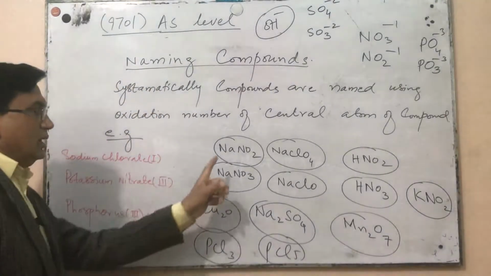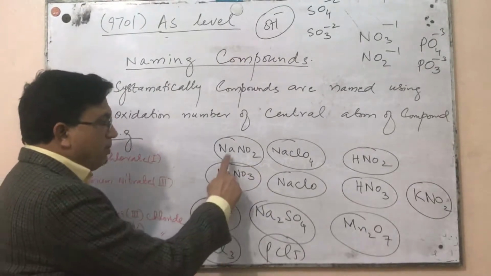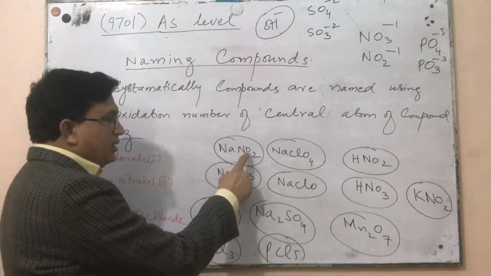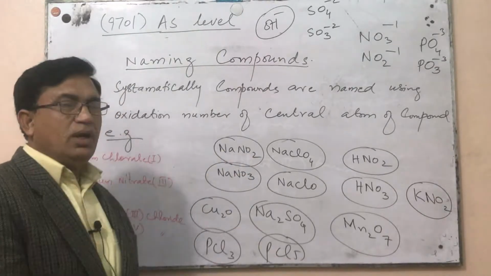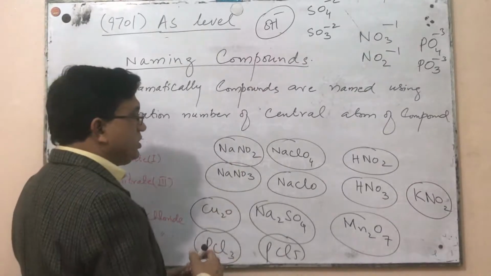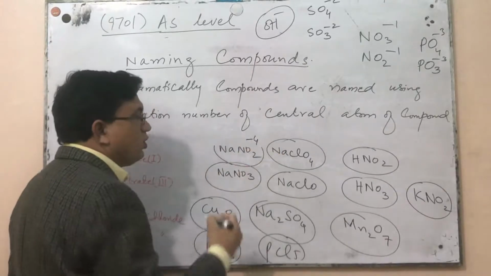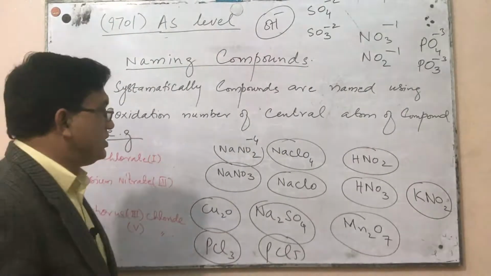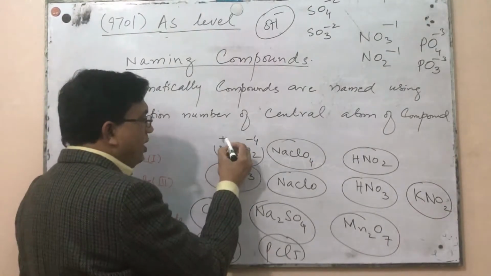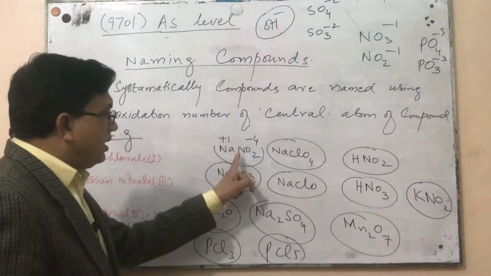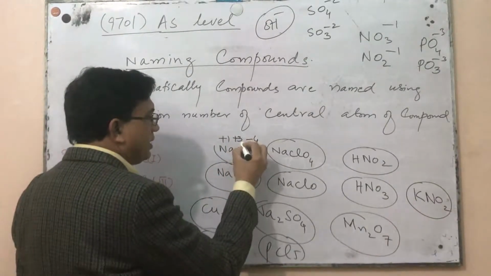For example, this is our compound. Here, using the oxidation number rule, this is a normal compound of oxygen and the oxidation state in this compound will be -4 because one oxygen has -2 oxidation state. To balance this, as sodium has +1, the oxidation number of nitrogen automatically becomes +3.